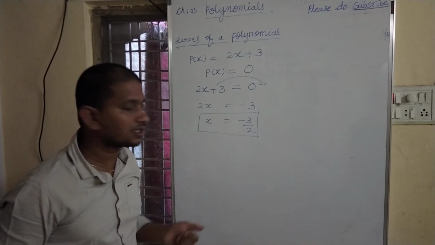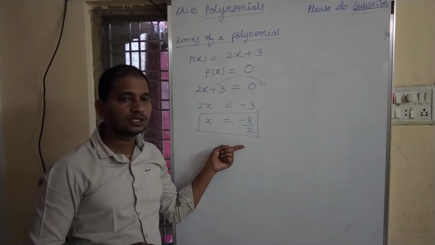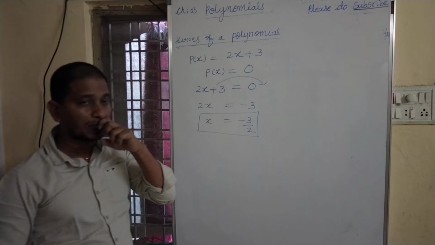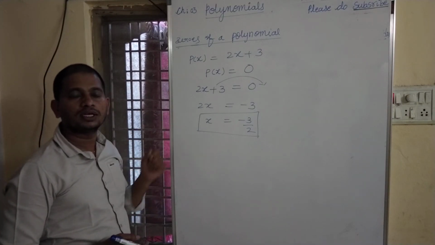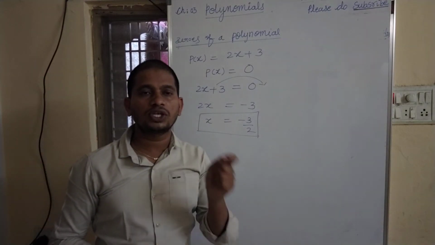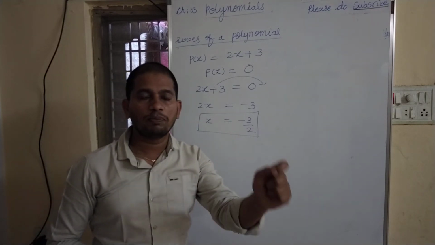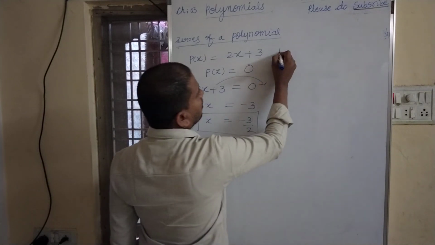Also we can call it the root of the polynomial. Got it? So this is the way to find the zeros of the polynomial. One thing you remember: if you want to find the zeros of the polynomial, we need to equate the given polynomial to 0.